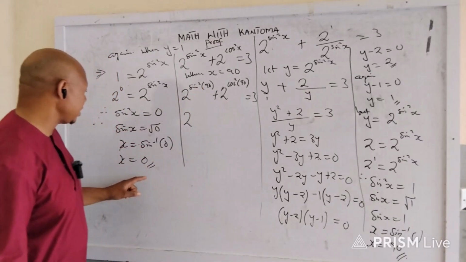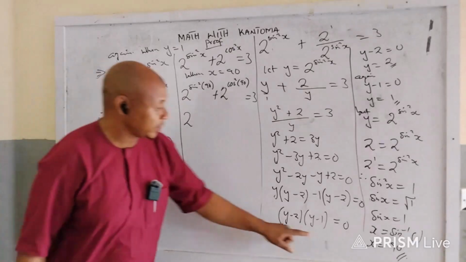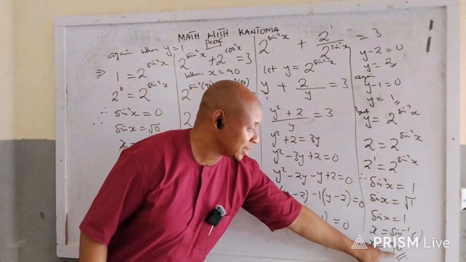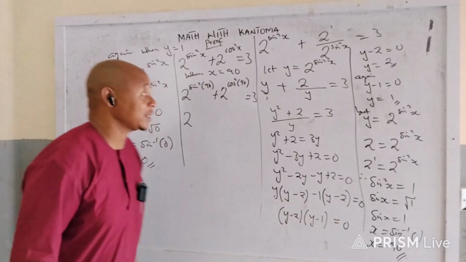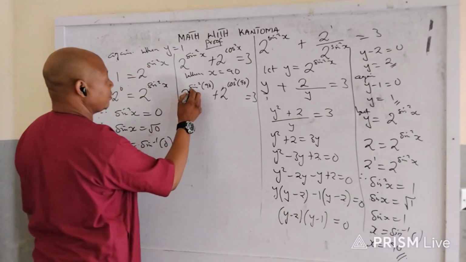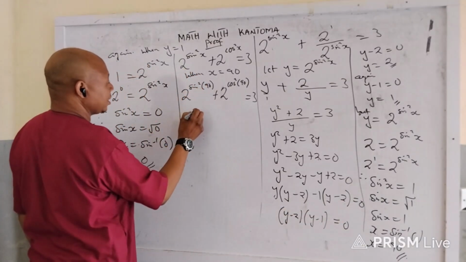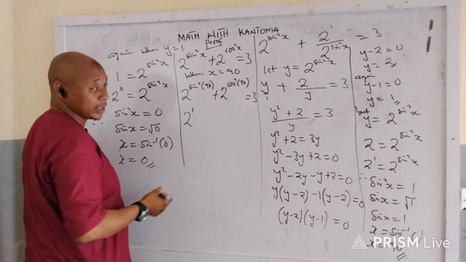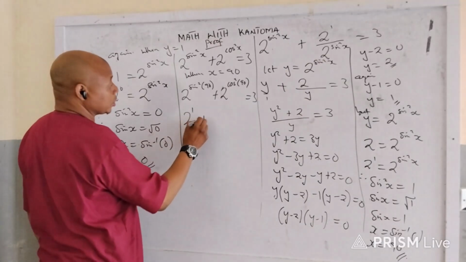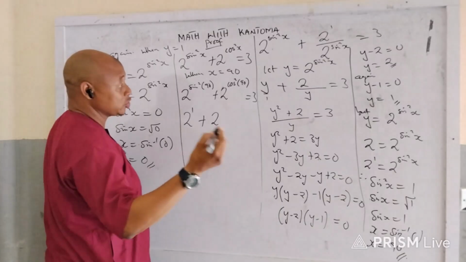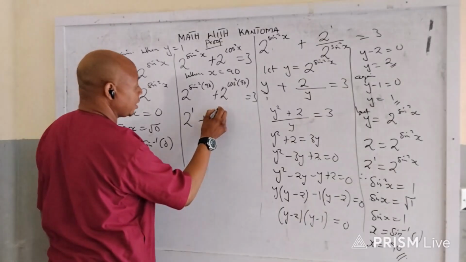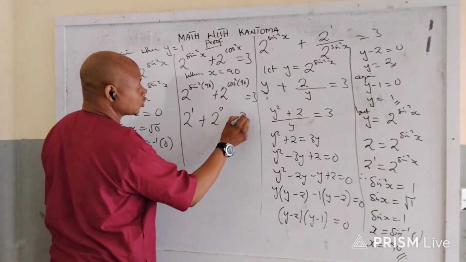We know that sine inverse of 1 is 90, then therefore sine 90 will give us 1 if we take it the other way around. So I have 2 raised to the power of sine 90, which is 1, and 1 square is also 1. So I have 1 plus 2 raised to the power of cos 90, which is 0, and 0 square is also 0.